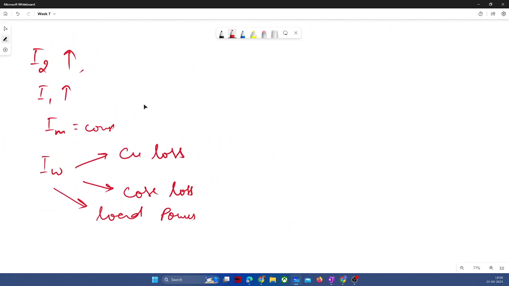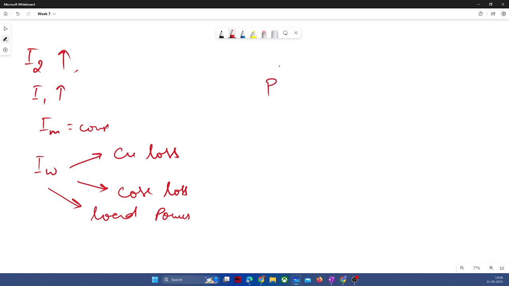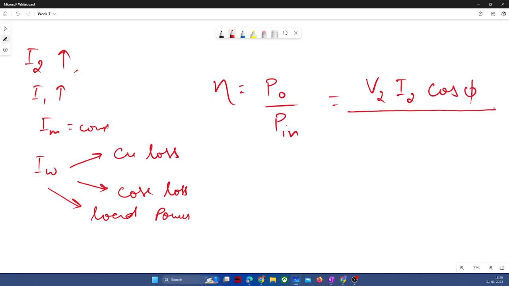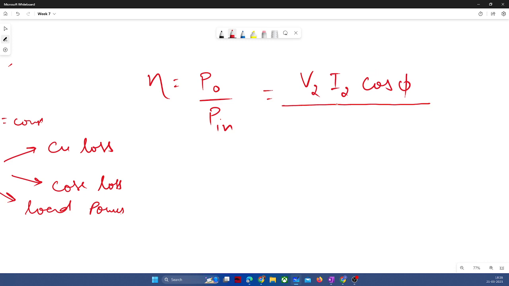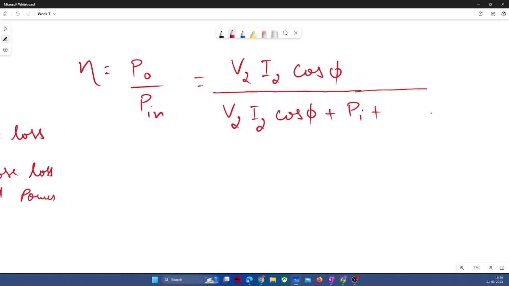So when we compute efficiency generally, it is P out by P in. In the output, V naught means output voltage and I naught means output current, or just to not confuse, V2 I2 cos phi, divided by input. Input will be output plus losses, right? So V2 I2 cos phi plus iron losses plus whatever the load loss is.